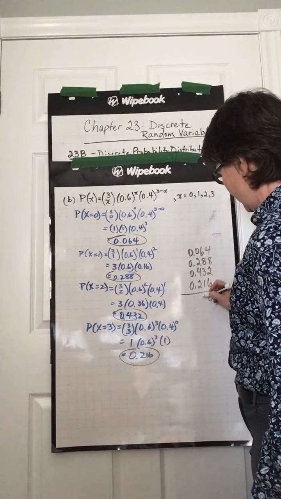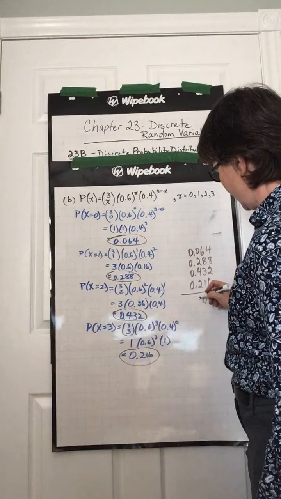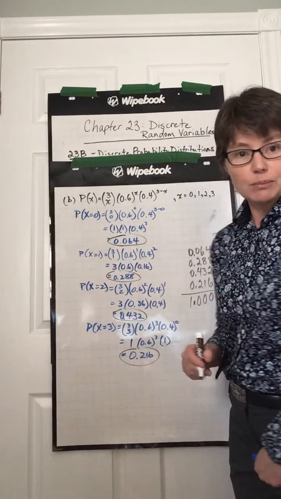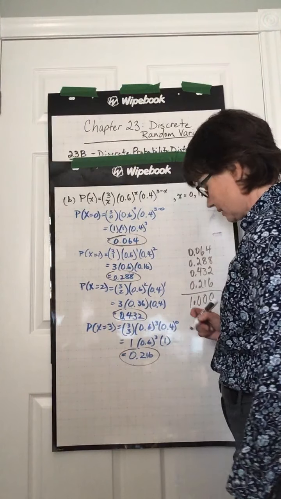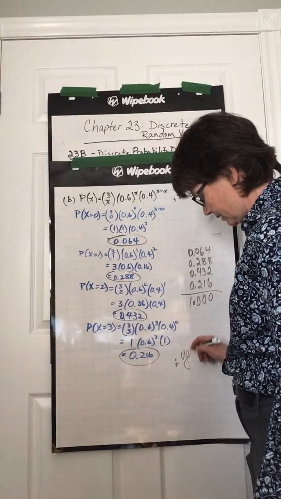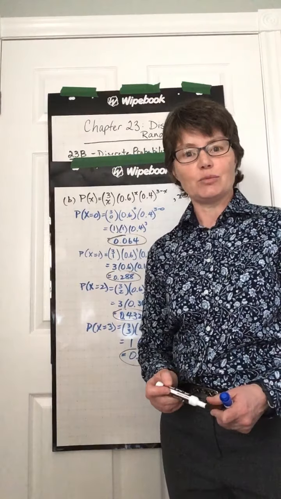And the decimal. So yes, that adds up to 1. You could do this in your calculator instead if you want, but it adds up to 1, so therefore, yes, this is also a probability distribution function.